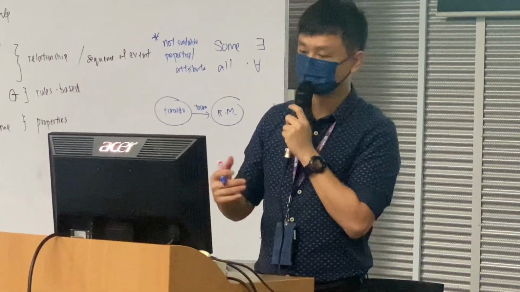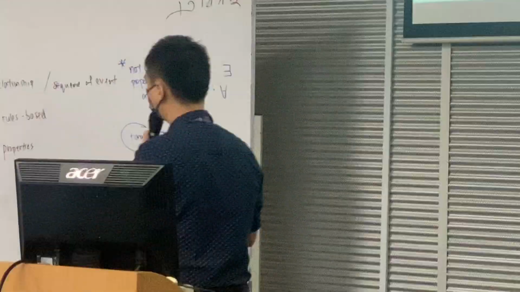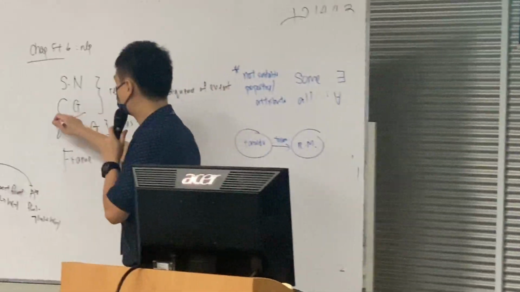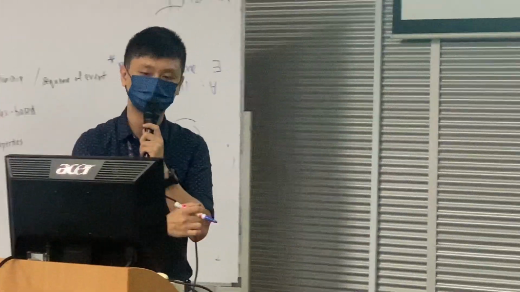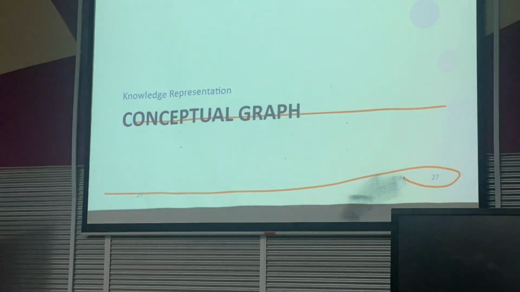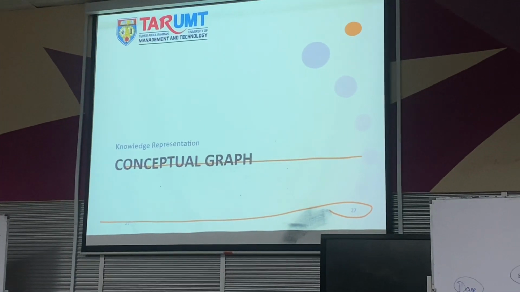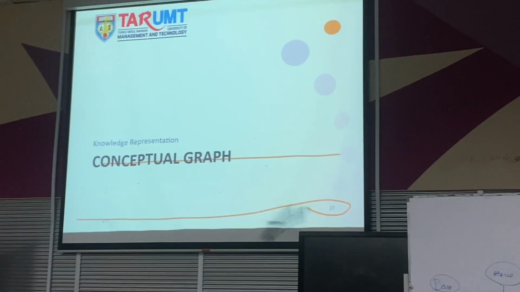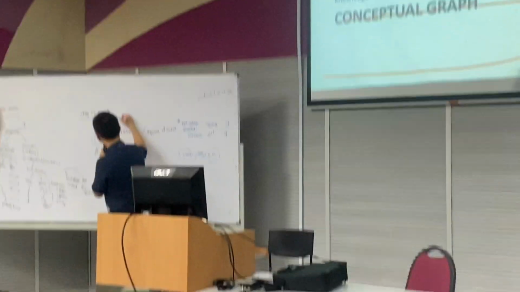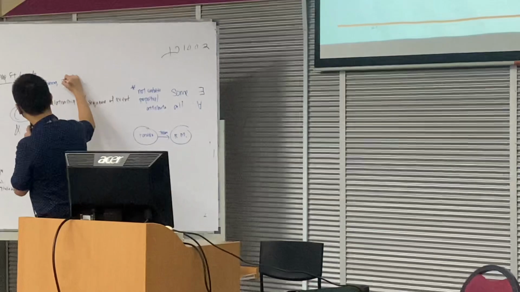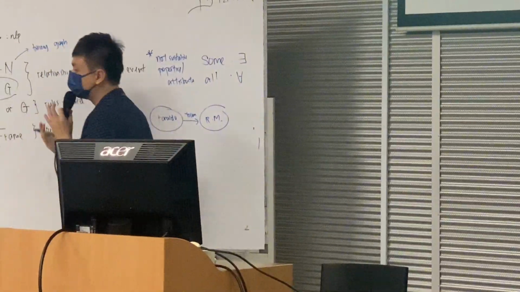Okay, so next one we have a conceptual graph. I'm not going to go into the details of the conceptual graph. The idea of the conceptual graph is about the same as the semantic networks. A conceptual graph is used to represent relationships, but the difference here is that a semantic network is more towards a binary relationship. A binary graph is to show the simple relationship.